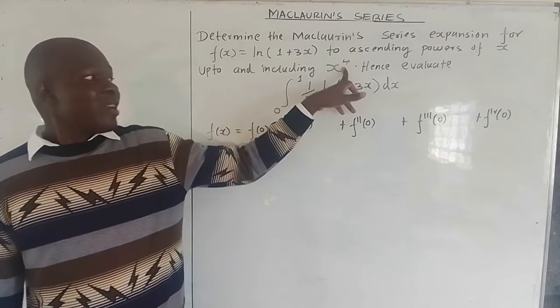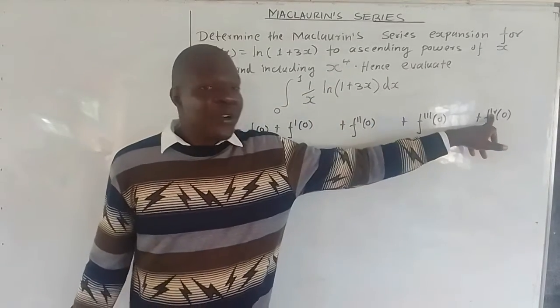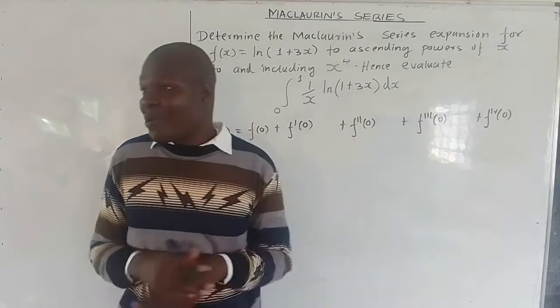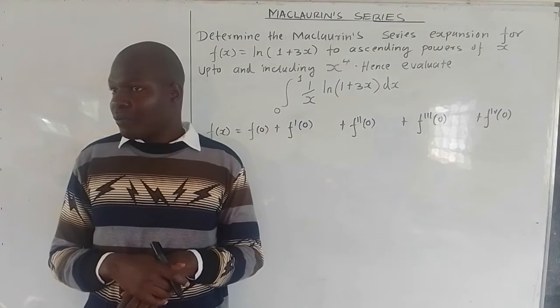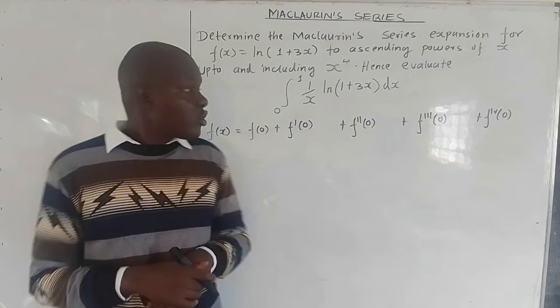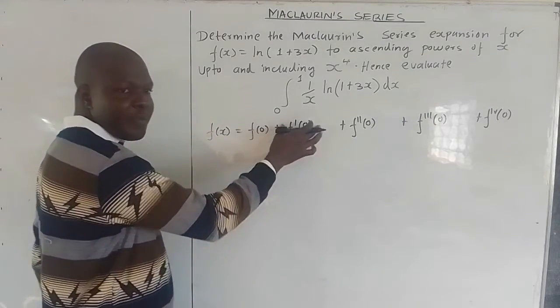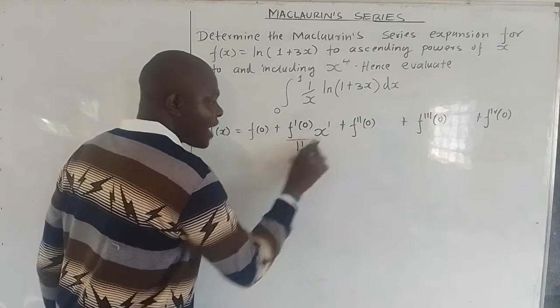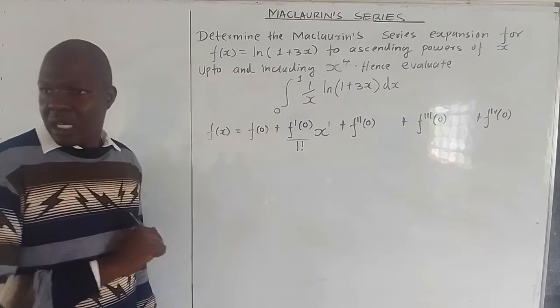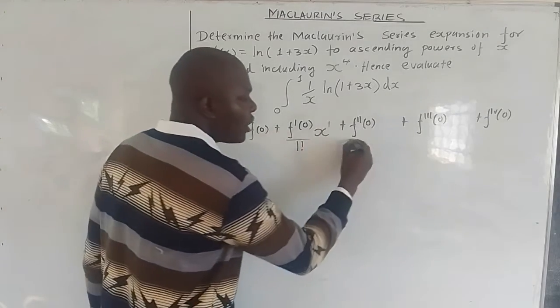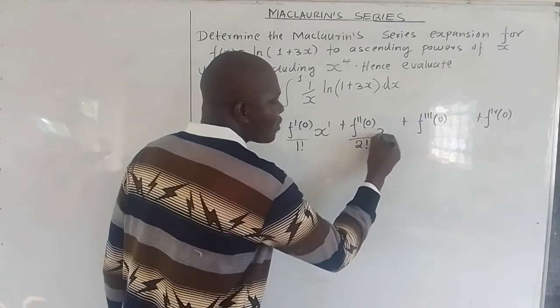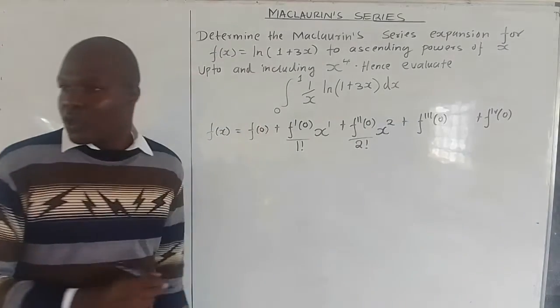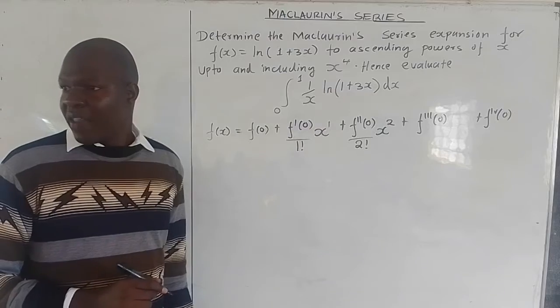So if we are including x to power 4, meaning this fourth derivative is what is having x to power 4. Are we together? So, if you have f prime of 0, it means it is over 1 factorial, then x is raised to power 1. If you have f double prime of 0, it means it is over 2 factorial, and x is raised to power 2.